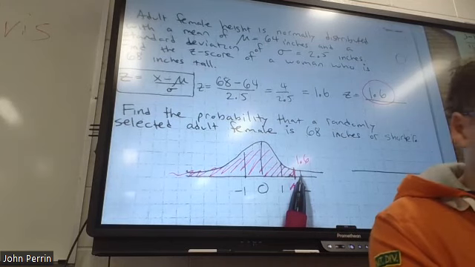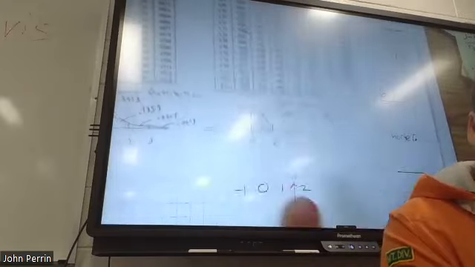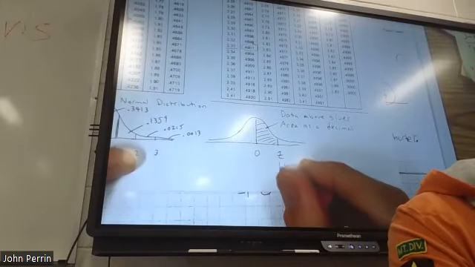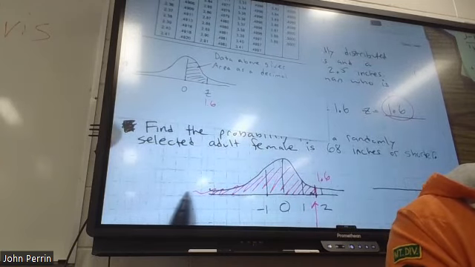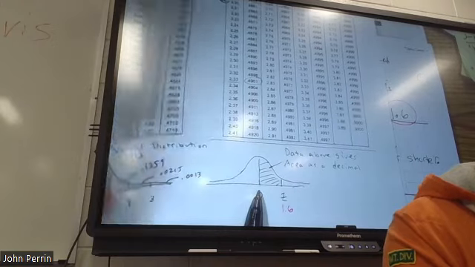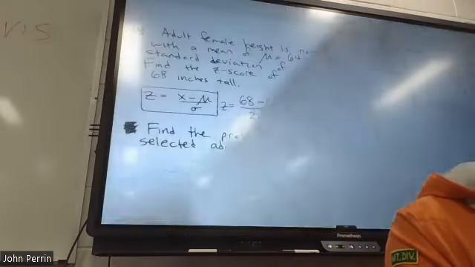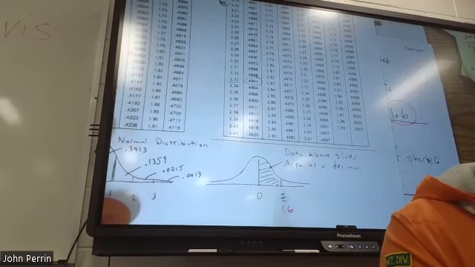So remember how our z-table worked? I'm going to look up 1.6 on here, and it's going to give me the area from 1.6 back to 0. And then I do want to keep shading all the way down past the average height, which was what, 68? No, 64. So if I look at my z-score, I'm only going to get this amount of area. So keep that in mind.